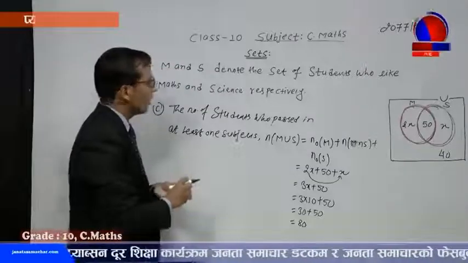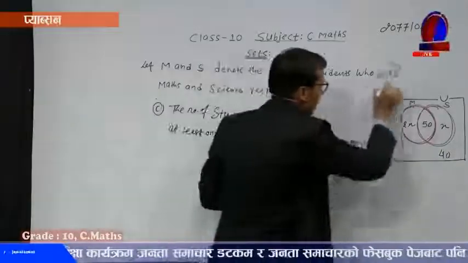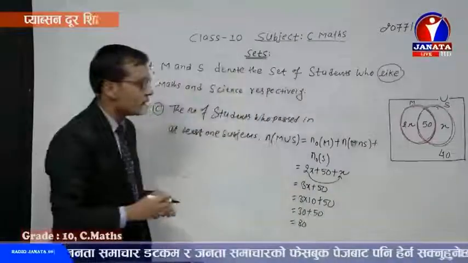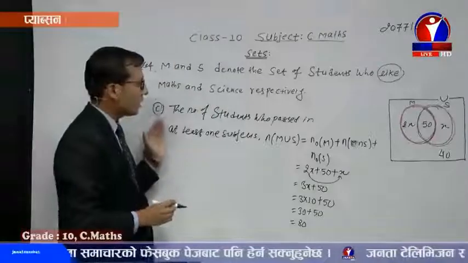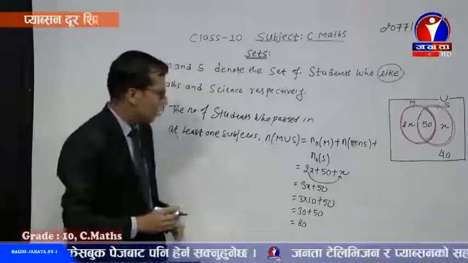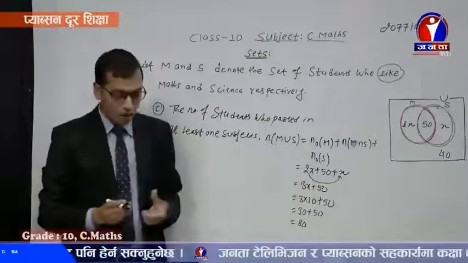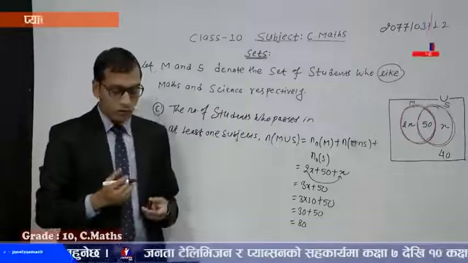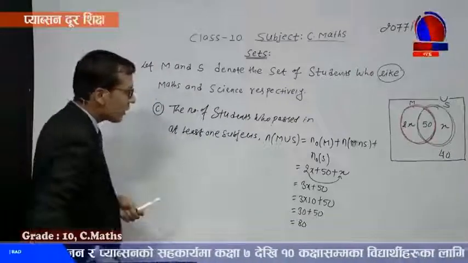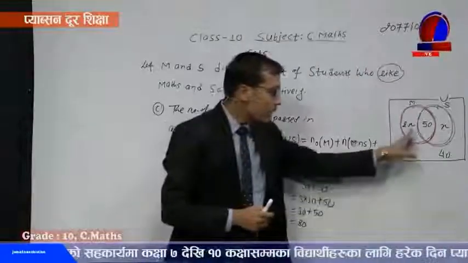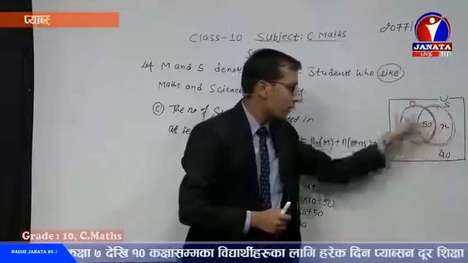Here I have mentioned who liked math or science. We can write there who passed in mathematics and science respectively. Now let me go to the next question, D: show the result in a Venn diagram. For the last part, we simply have to replace the value of x in this diagram.